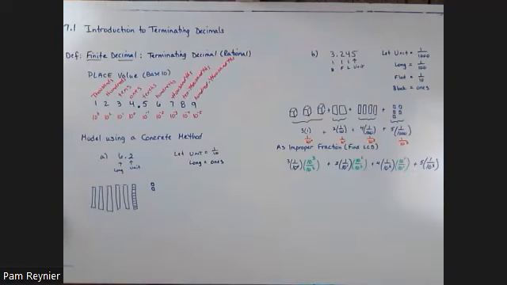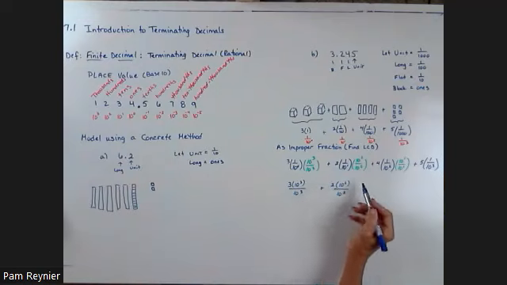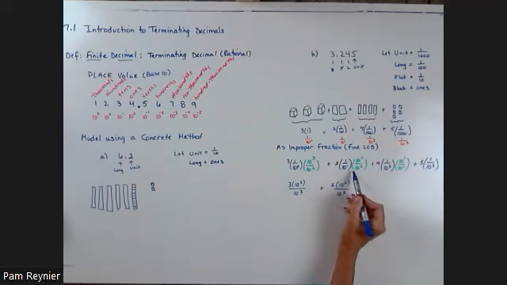So if you needed to write it as an improper fraction, this now gives me 3 times 10 to the third over 10 to the third, 2 times 10 squared over 10 to the third. Remember, when you multiply and the bases are the same, we add exponents.